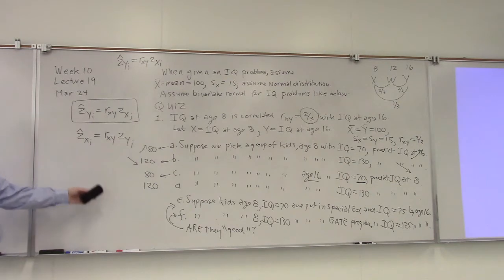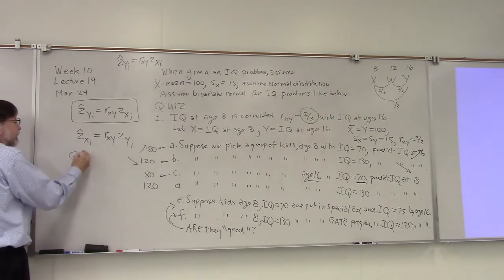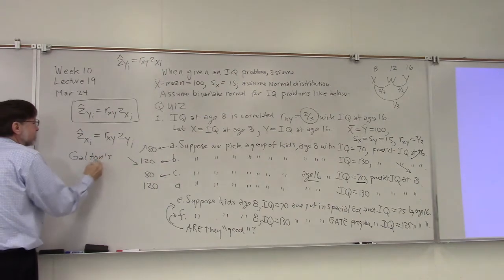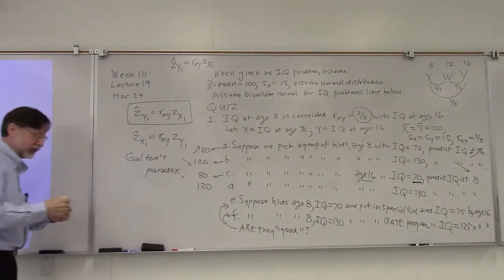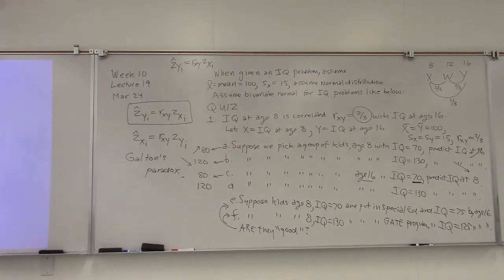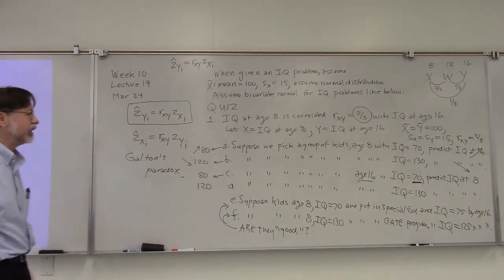It's paradoxical. Again, I told you already, this is known as Galton's paradox. And remember, the word regression to the mean came from this wrong theory of genetics that we no longer believe in, but we believe in the theory of statistics, which explained the result that he had.